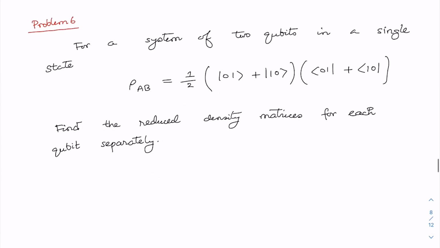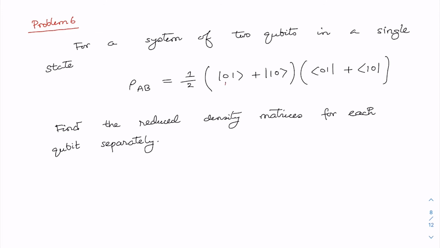Let us now work out this problem. This is similar to the previous one. For a system of 2 qubits, the state is given in terms of a density operator. This is the density operator for the composite system.